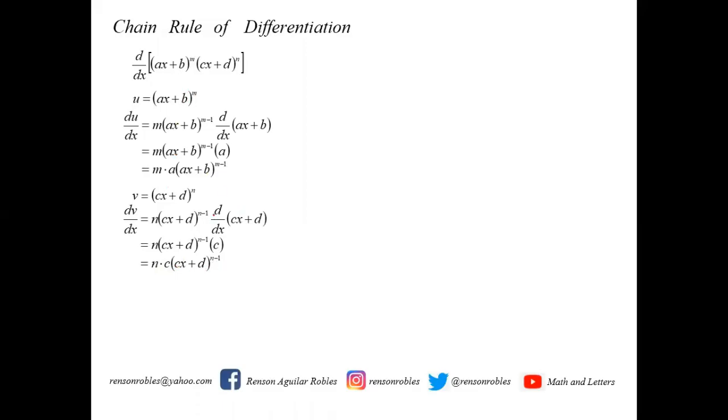Okay, then you can just verify this process. And then following the formula, u dv plus v du, we shall now have u, ax plus b raised to m, times the derivative of v, nc times cx plus d raised to n minus 1, plus v, that's cx plus d raised to n, times the derivative of u, which is ma times ax plus b raised to m minus 1.